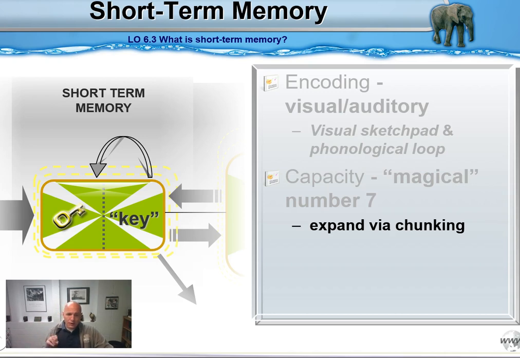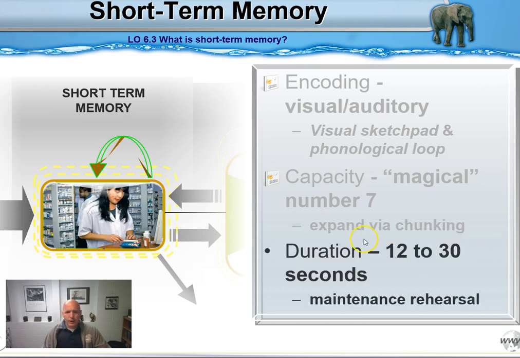But if you learn the skill of dividing them into twos, then you can hold on to that a little bit better. You have about 12 to 30 seconds, through something called maintenance rehearsal, while you're bringing this over in your mind. And so the take-home here is note taking.